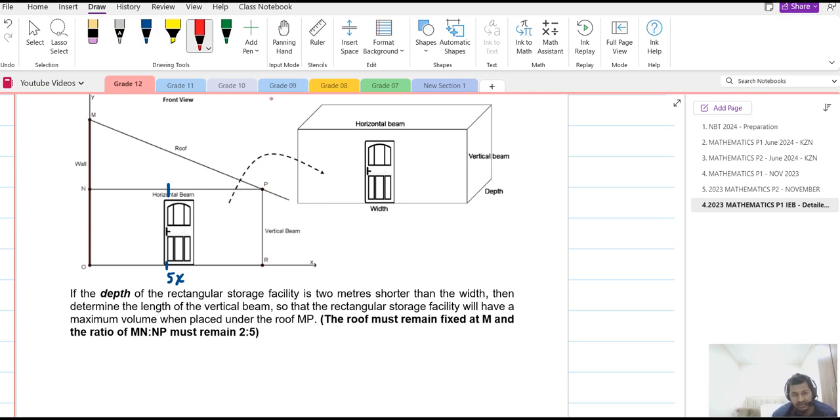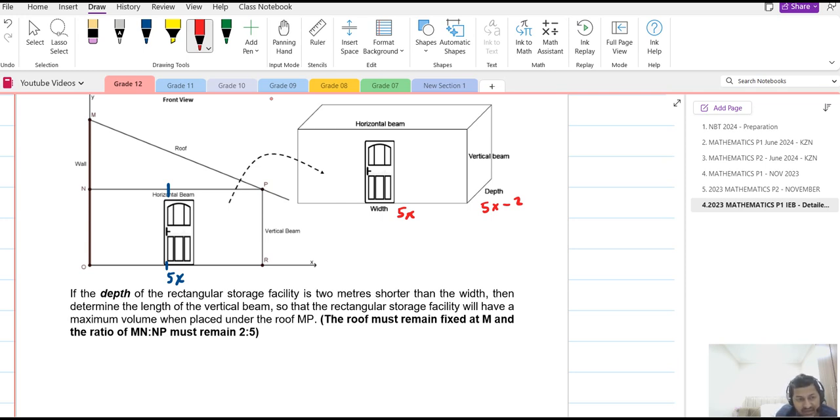Remember, the width is 5x, so the depth is 5x minus 2. Then determine the length of the vertical beam. And find the length of the vertical beam here.